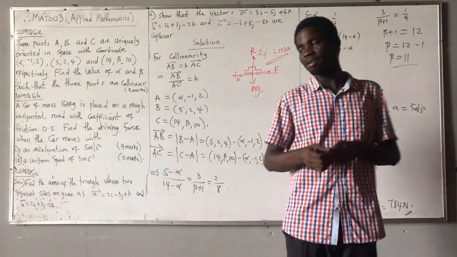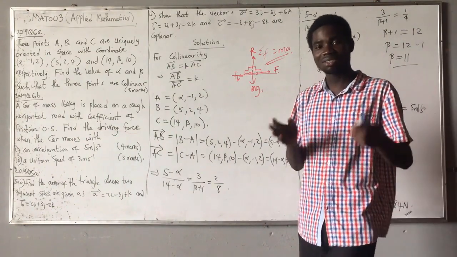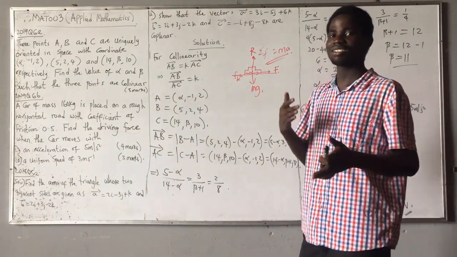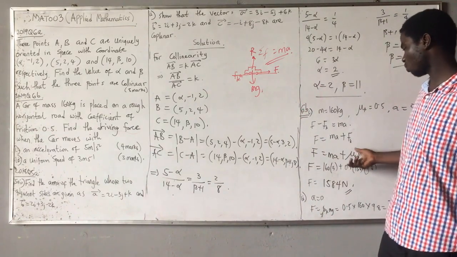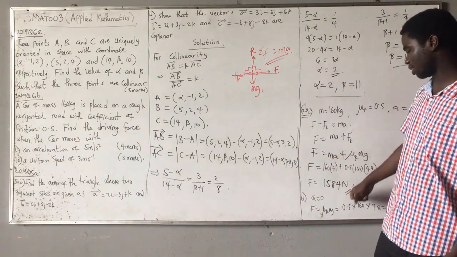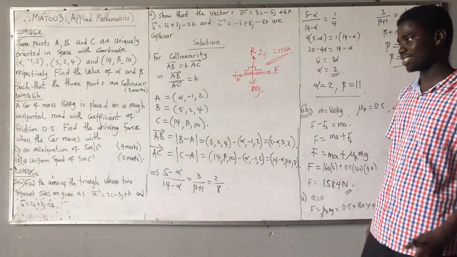Don't forget, whenever a vehicle is moving with a uniform velocity, it means the acceleration is 0. So when you put acceleration to be 0 here, anything times 0 is 0, you will be left with this one. And this is the answer.